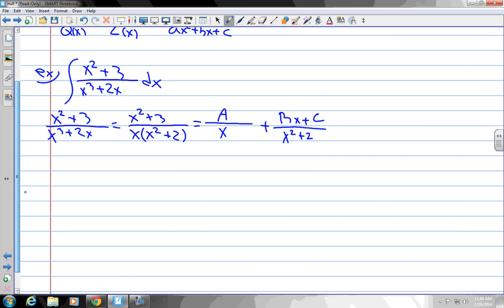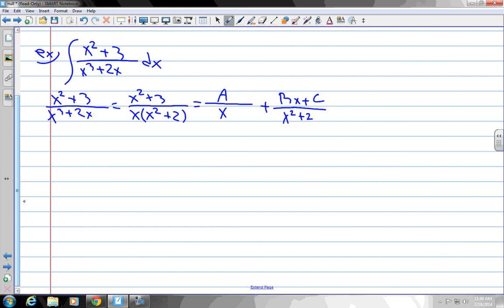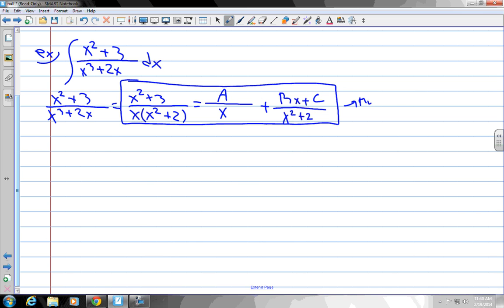So again, we're just going to focus on this part and multiply both sides by the LCD. So if I do that, what's left on the left?